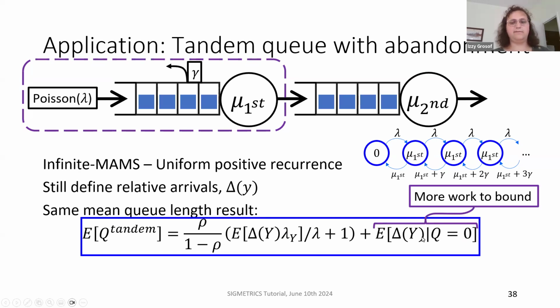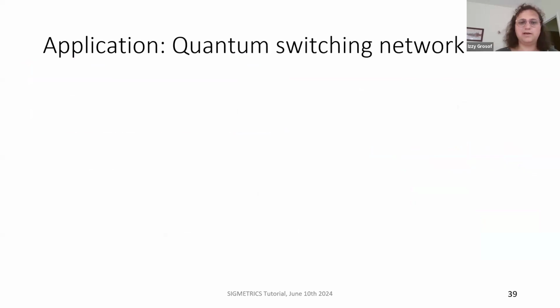Before we depended on the fact that relative arrivals had only finitely many possible values. Here there are infinitely many possible values, but it's something we can make work. So we can analyze this tandem queue with abandonment on one side, but not on the other side, using this infinite MAMS concept.